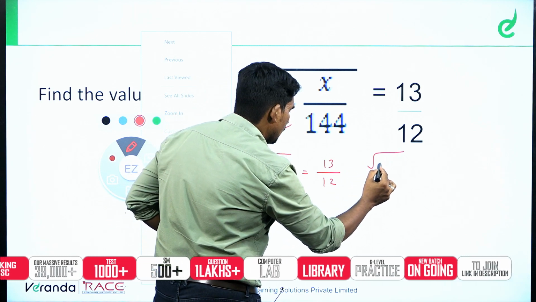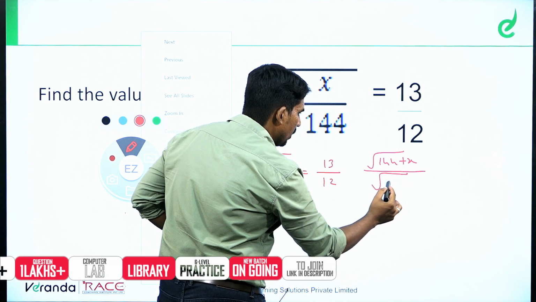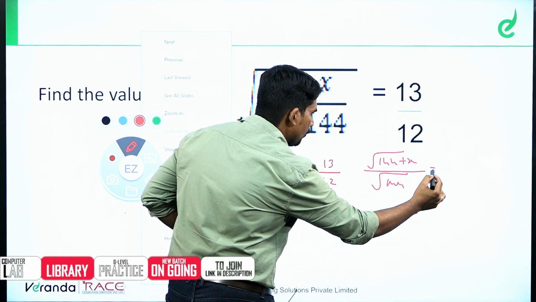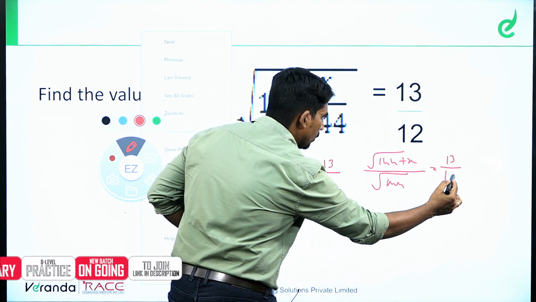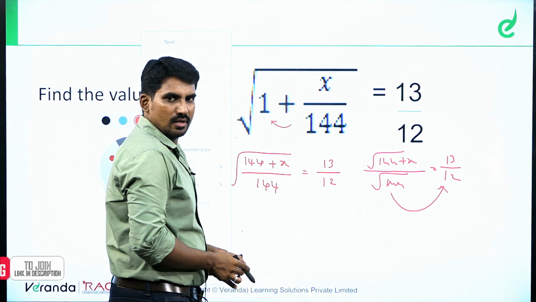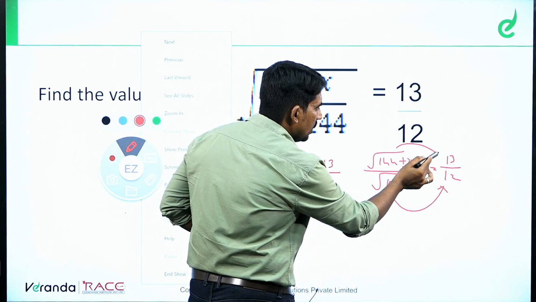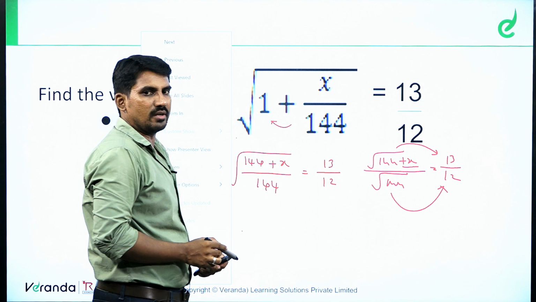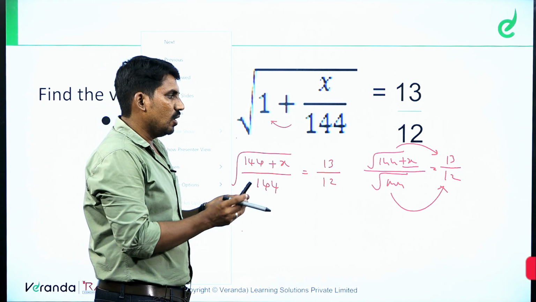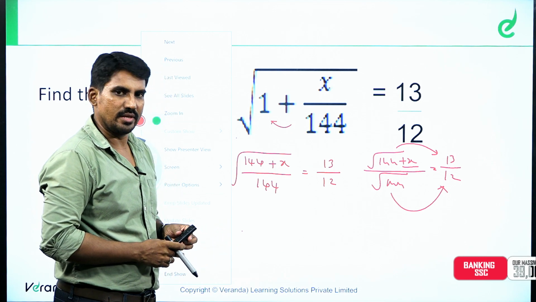See, shall we take it like this? Root of 144 plus x, over root of 144, is equal to 13 by 12. This denominator matches 12. Clear? Therefore, for 144 plus x, we need the root to be 13. What number can we choose? 144 plus which number will we get 169? Yes.